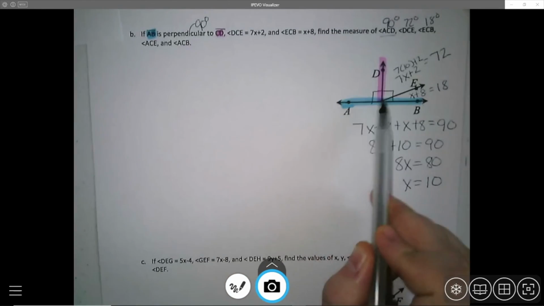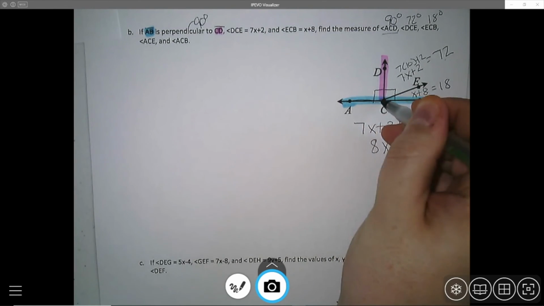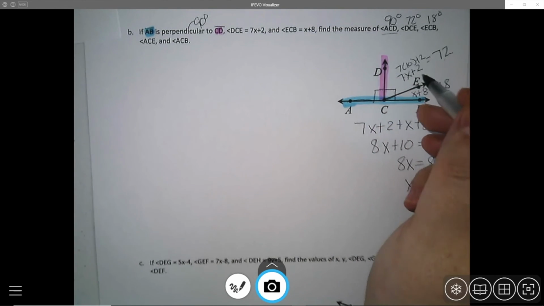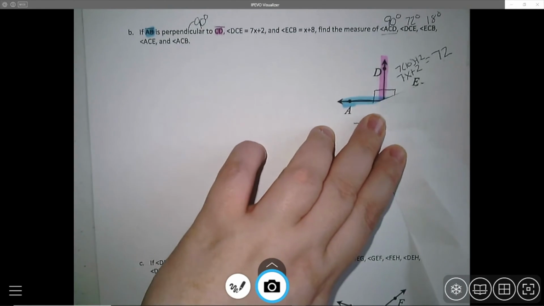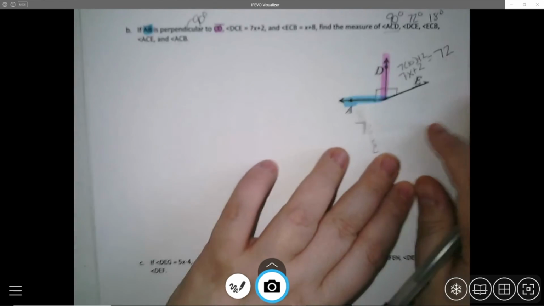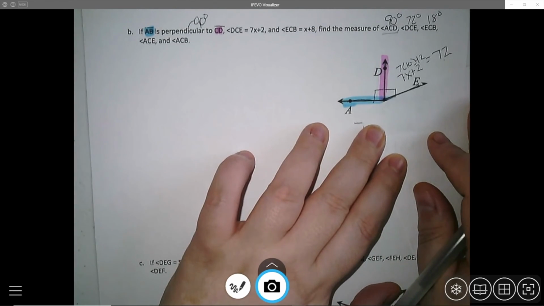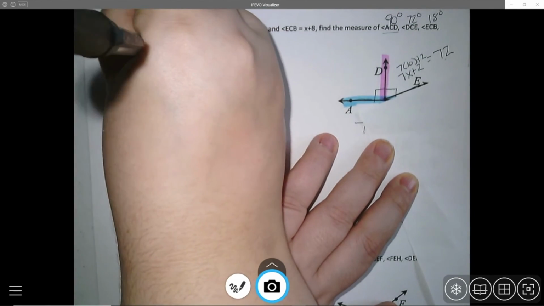ACE. Okay, if I cover up, this is the only part that's not in ACE. For ACE, remember, we did angle addition last time. We know one of the parts is 90, plus the other part is 72.